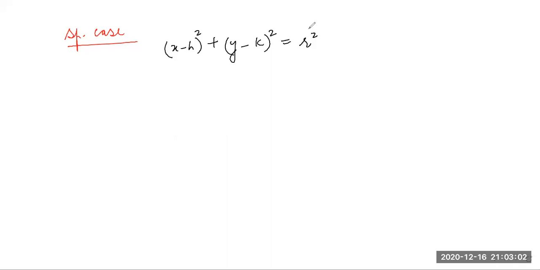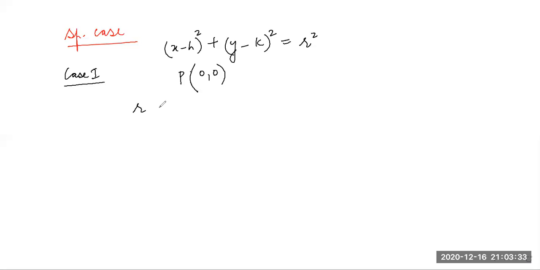Now I'm talking about case 1. What is case 1? The circle is passing through the origin. The center is not at the origin. That means one point on the circumference is (0, 0). Am I right? Let r be the radius.